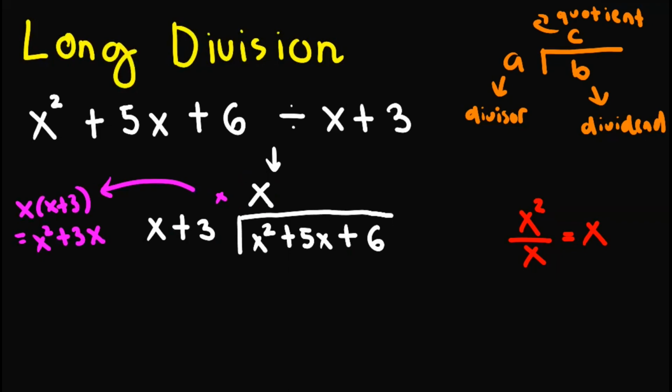Now this product is the one that we will subtract from the dividend. So we'll have right out here minus x squared plus 3x. Note that in subtracting polynomials, we distribute the negative operation.